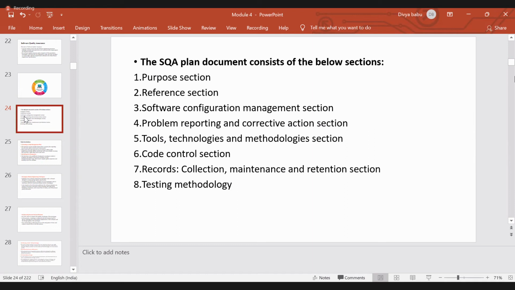These sections are there in a software quality assurance document. We are going to plan for this quality assurance, and you should include all these things in your plan document. Okay, what is the purpose?